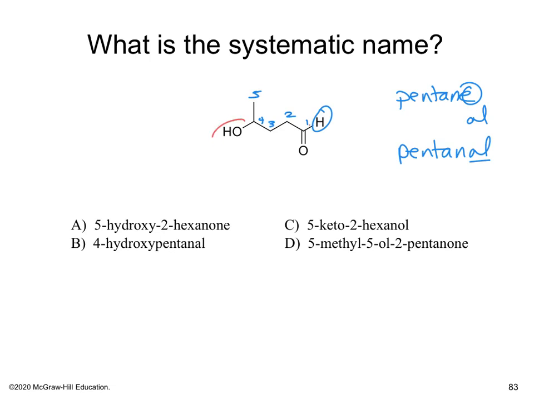We do have an OH though on number 4, and so that's 4-hydroxy, and then pentanal. This is named with hydroxy as a substituent on pentanal, so this is your best name.